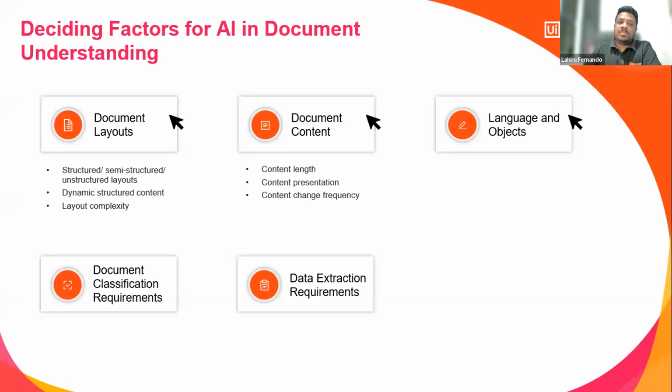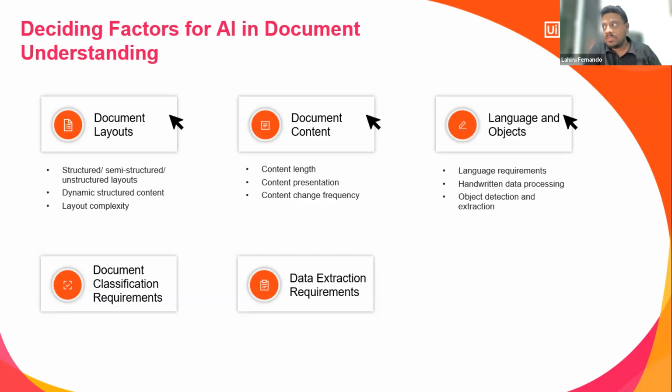Then comes the language. There are different AI models available, but they might not support all the languages that we have. So we need to understand what languages we are trying to process, and does the model support these languages? Can you train the model with those languages if it does not support them? Do we have handwritten data?